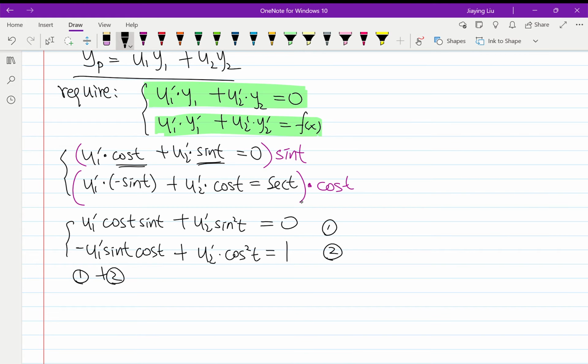We get 0 from the first terms, and then we get u2 prime times sine squared t plus cosine squared t equals 1. And if you remember the trig identity, that's also 1, right? So really, u2 prime equals 1.